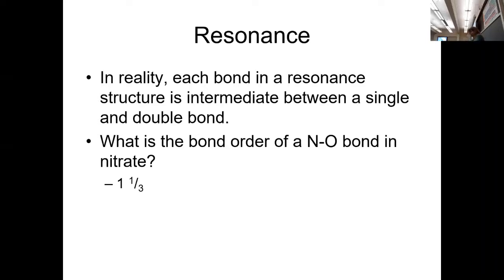All right, how did we get there? So we had our structure that was something like this: 1 double bond and 2 single bonds. So count bond lines or find the total bond order.